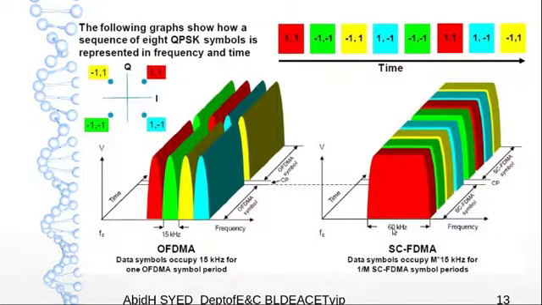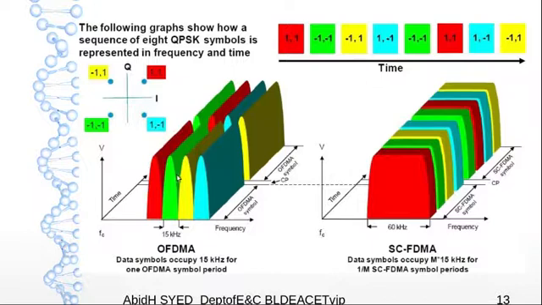Now let us see how this is different in the case of SC-FDMA. In SC-FDMA, for the entire bandwidth, a small part of the data is carried, as one SC-FDMA symbol. In the time domain it is sliced, that means a small part of the symbol is transmitted.